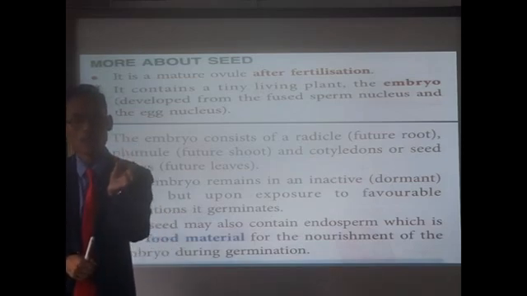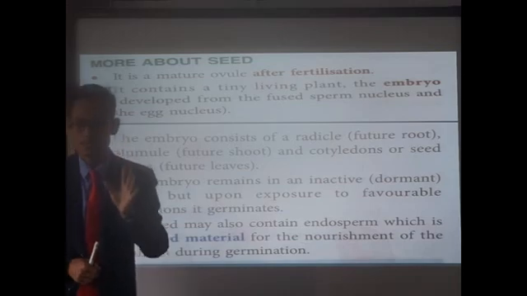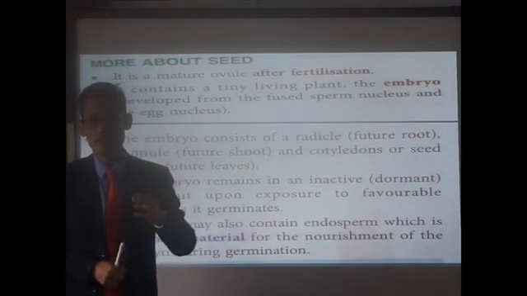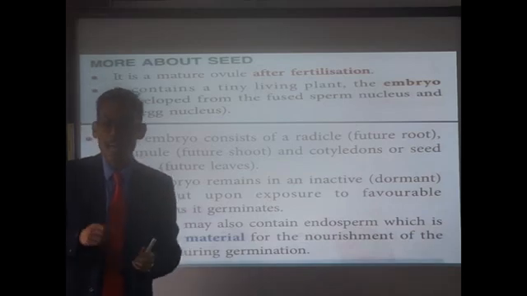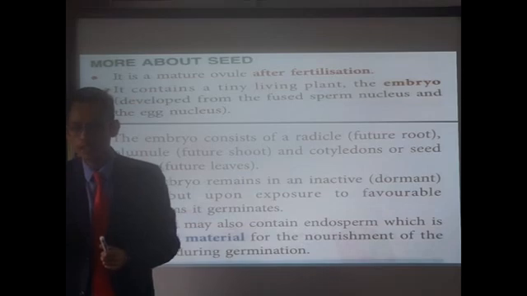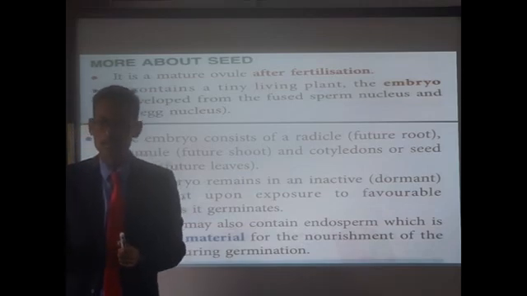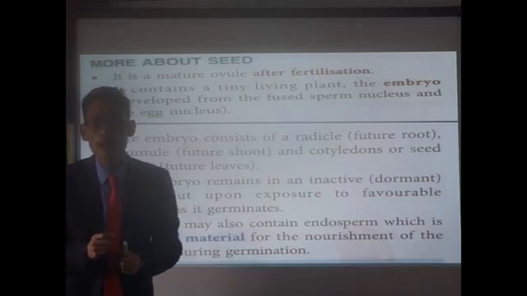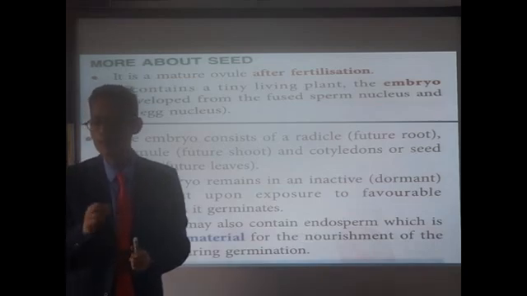Whenever the pollen grain reaches the stigma of a flower, it will germinate and form a pollen tube. The pollen tube develops through the style and enters the embryo sac from the micropylar region. Within the pollen tube, 2 sperm nuclei or 2 male gametes will be released.